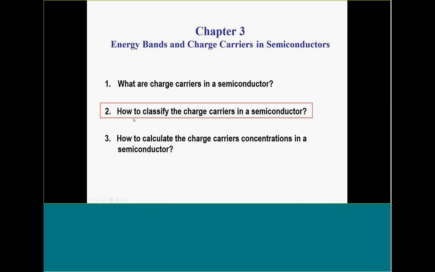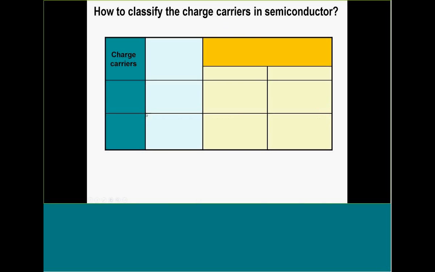And then, how are we going to classify the charge carriers in a semiconductor? Okay, so we know that the charge carriers are electrons and also holes. And of course, you know that there are two types of semiconductor, intrinsic and extrinsic. What are intrinsic semiconductors?